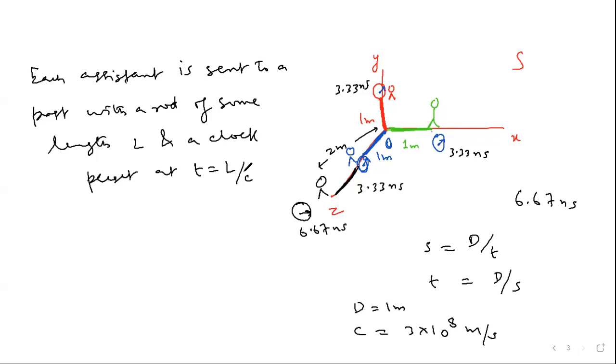The clock on the x-axis at x equals 2 meter starts at the preset reading of 6.67 nanosecond when the clock at the origin and the clock at x equals 1 meter both read 6.67 nanosecond, and so on for all the clocks in the coordinate system. All clocks in the entire system are thus perfectly synchronized.